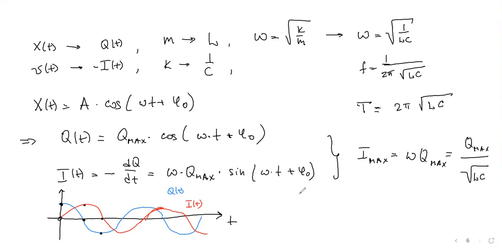It is very close to the oscillation of the mass spring system, how it oscillates left, right, left, right, and the LC circuit. It's going to be discharging one way and then the other way, charging, discharging.